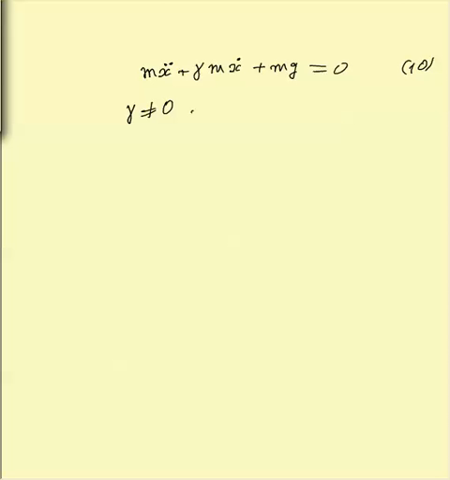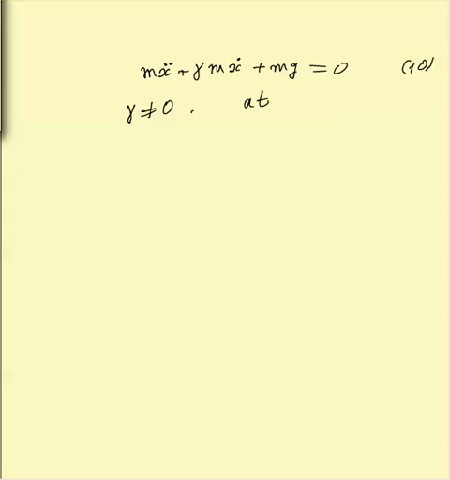In order to find that particular solution, we know that equation 10 contains the term with x dot and does not contain the term with x without dot. Therefore, it should have a particular solution which is linear in time t. So we look for that solution in the form a times t, where a is just an unknown constant.